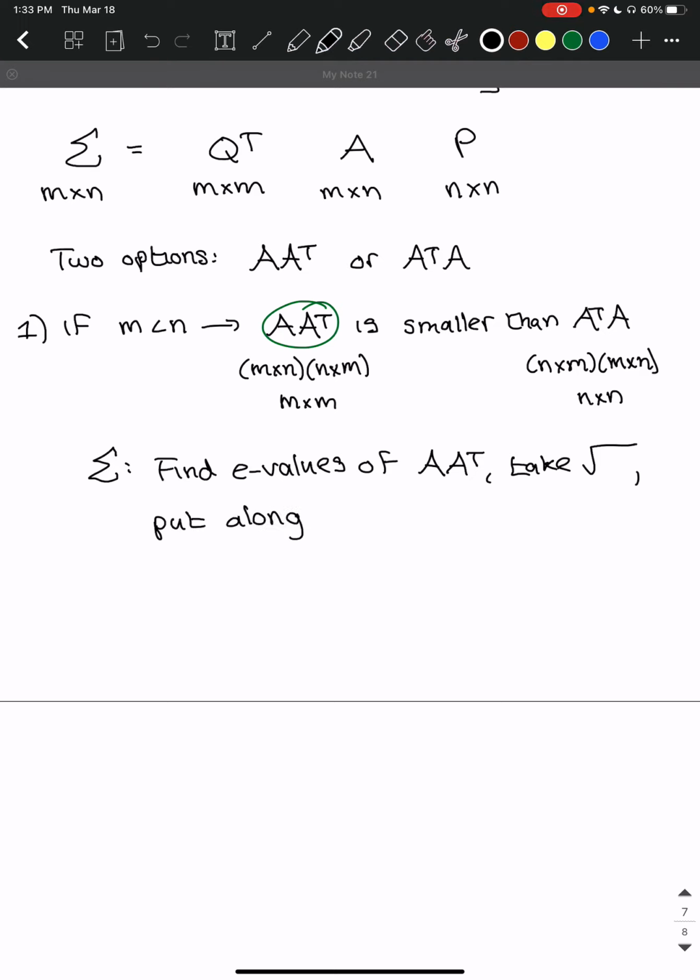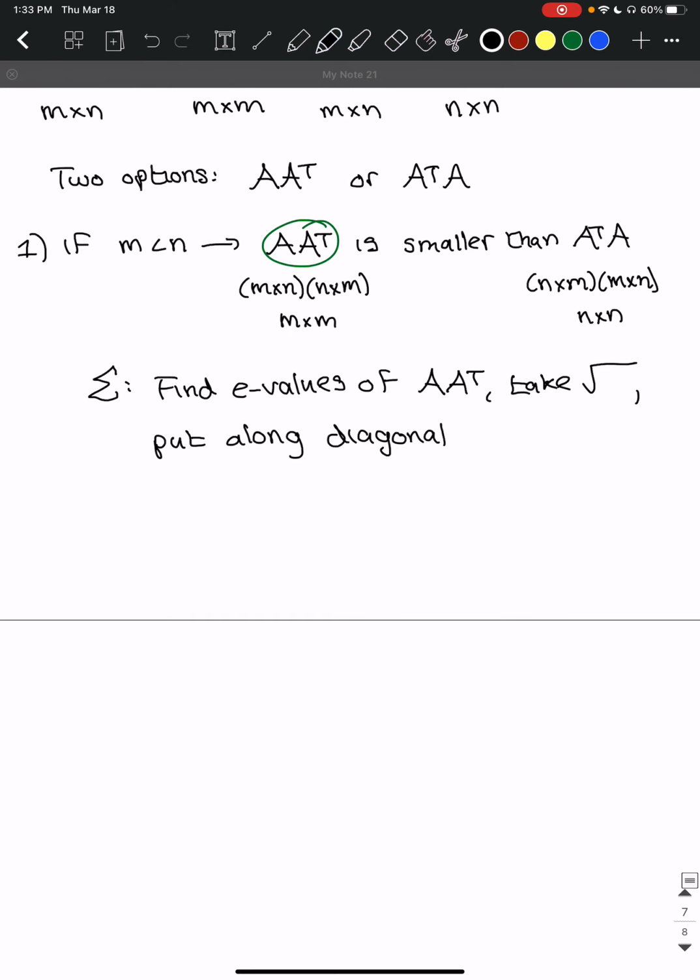So sigma is the easiest one here. That shouldn't be too difficult. It's finding Q and P that are more difficult, but we're going to make use of the fact that we're working with A A transpose here. We know that when we multiply a matrix by its transpose, either on the left or the right, we get a symmetric matrix. So that's the whole beauty of this thing.